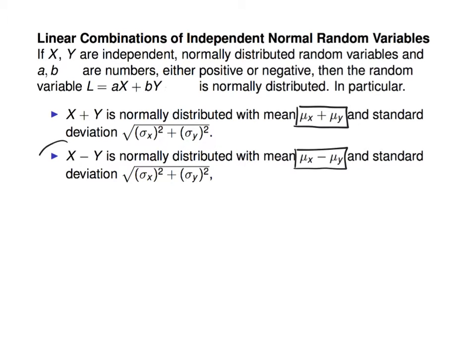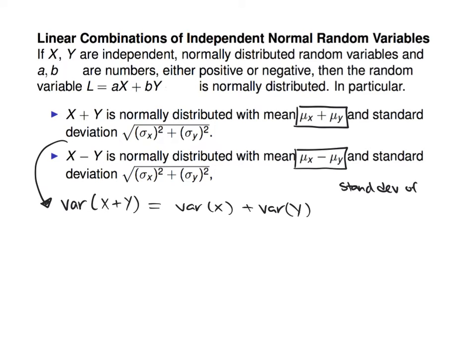And let's just talk about how this first one relates to the thing we had in the box above. So we had variance of x plus y is equal to variance of x plus variance of y. That's from the box we have above. Now, the standard deviation of x is sigma sub x, so the variance of x is sigma sub x squared, because that's how you go backwards from standard deviation back to variance.